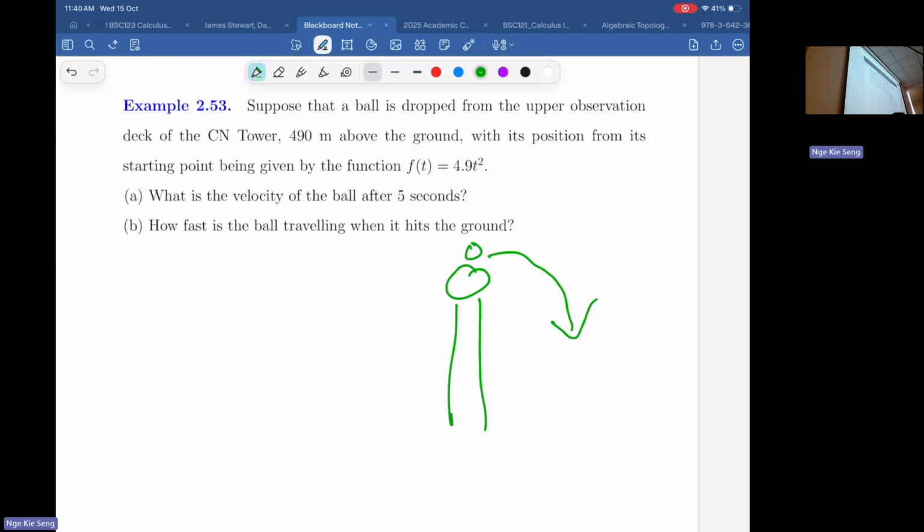This tower is about 490 meters above the ground. The position from its starting point is given by the function s(t) equals 4.9 t squared. So this is the position function here.